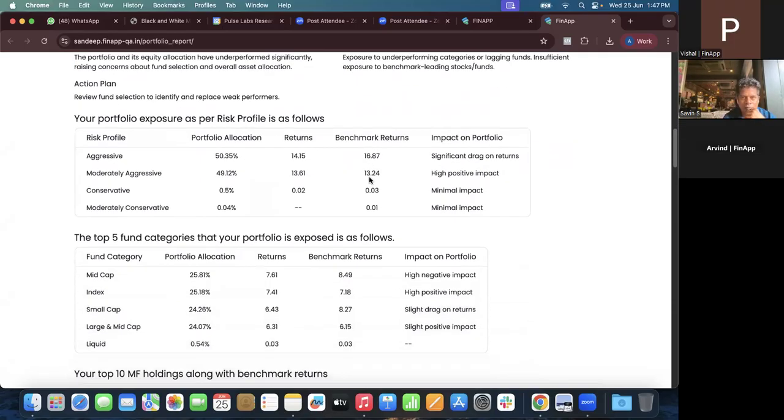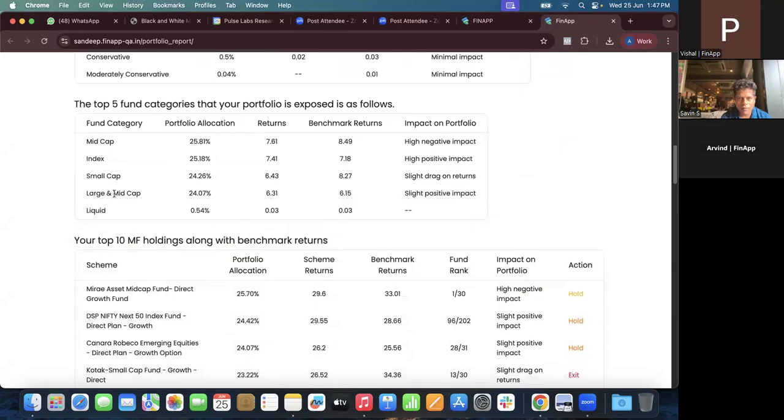Your portfolio risk profile, based on the scheme risk, portfolio allocation to that same risk profile of the scheme, returns, benchmark, and what is the impact. Top 5 scheme category. What is the portfolio allocation? What is the return? And what is the benchmark return? And what is the impact?